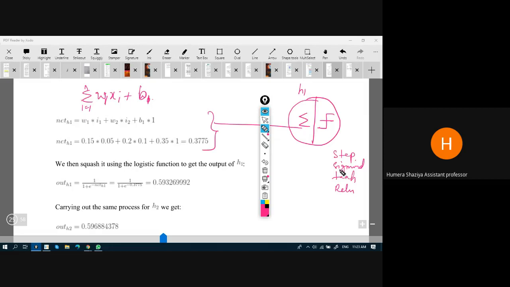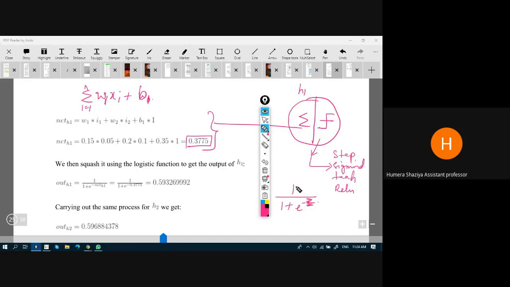Based on the activation function, here sigmoid is used. For this example, the sigmoid activation function is used. For the sigmoid activation function, this is the equation: 1 over 1 plus e to the power of minus x, where x is this summation. Here you can put any variable. Let us not put x; let us put z, because x are our inputs.